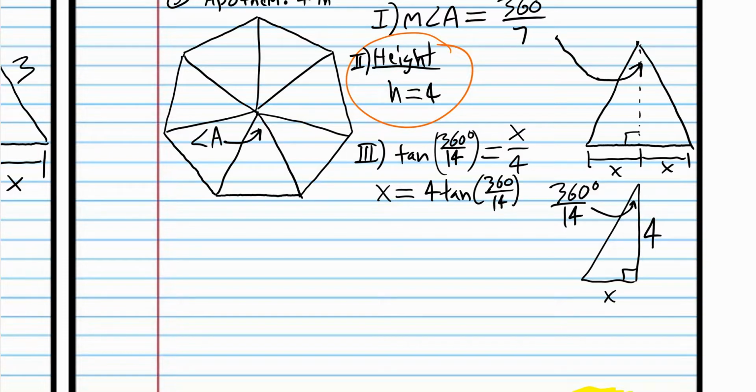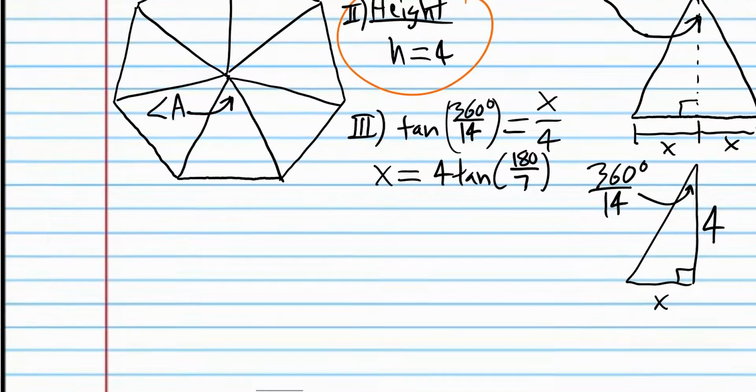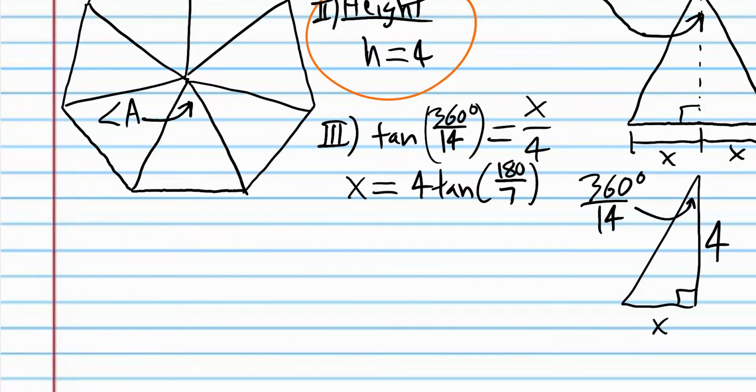And you know what? I'm just going to write this as 180 over 7, so I don't have to keep writing a 2-digit number on the bottom. So again, we just reduce that fraction, degrees.